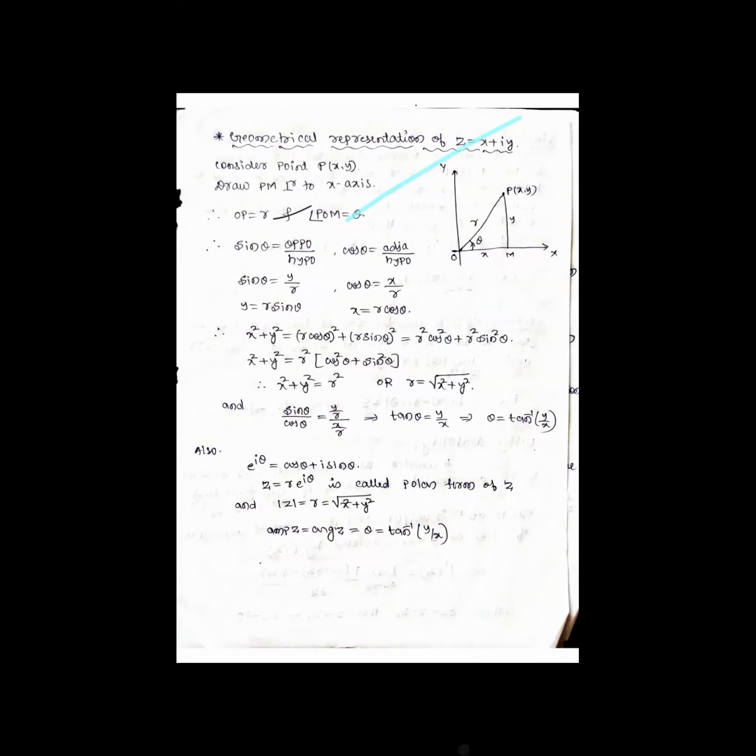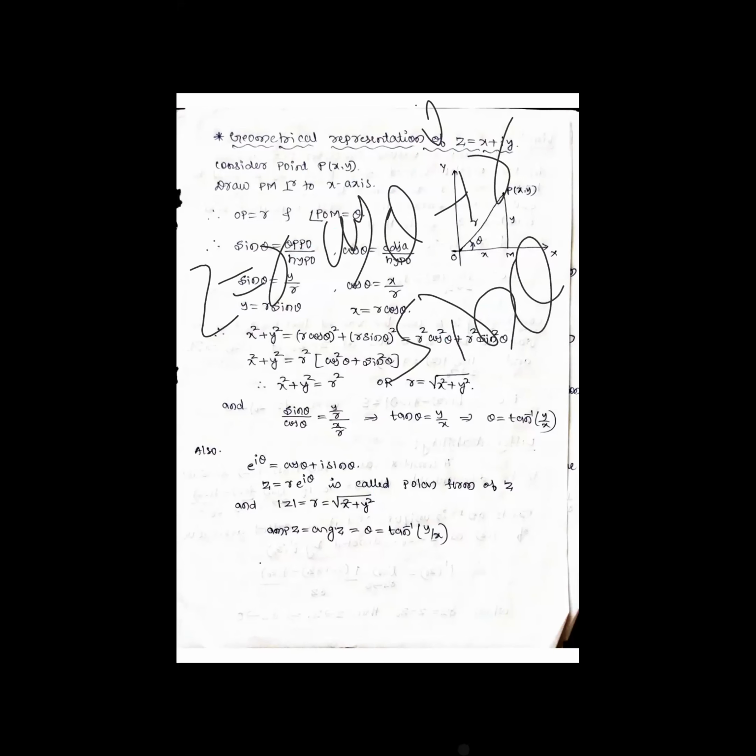So z is equal to r cos theta plus i into r sin theta. When you take the modulus of z, that is the square root of real part square plus imaginary part square. After simplifying, what you are getting is just r.